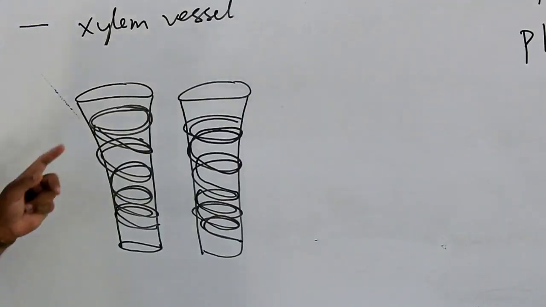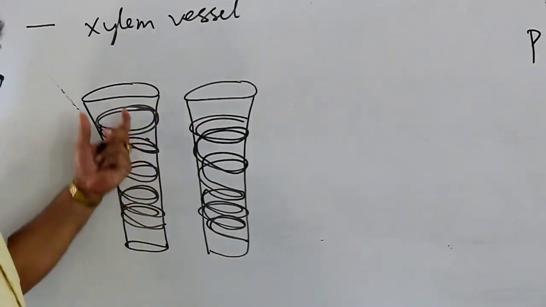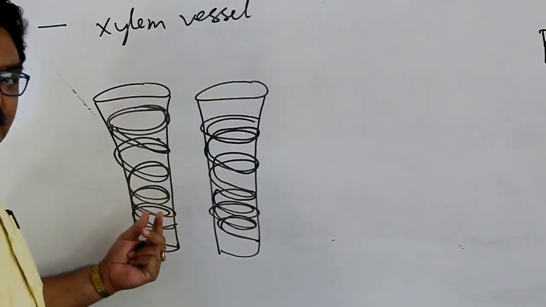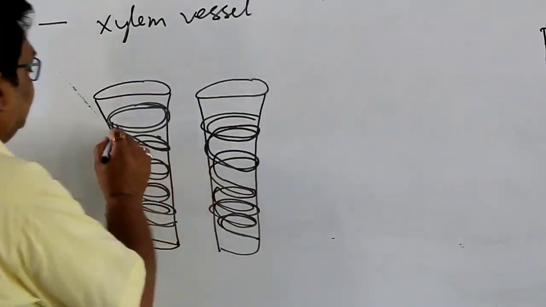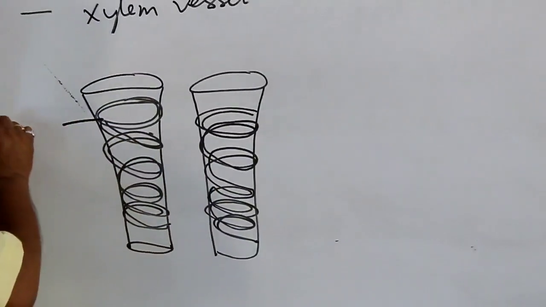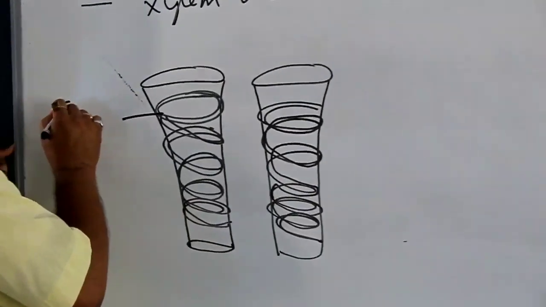Now, as you see the structure of xylem vessels, you can see it is broader at the top and narrow in the beginning. These are spirally shaped vertical structures.